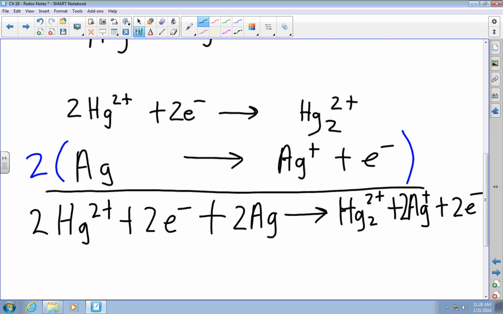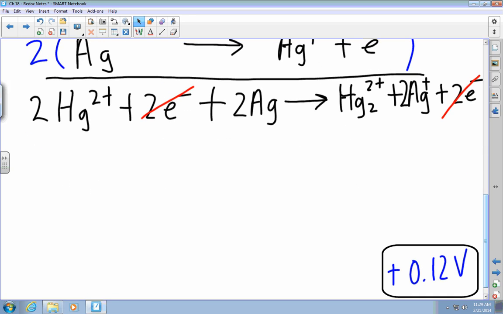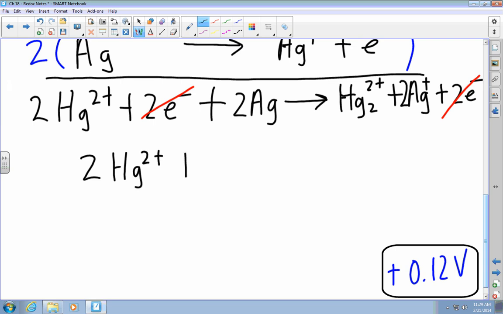And again, we have 2 electrons now left and right, so we can eliminate those. What we're left with for an overall reaction is 2Hg2+ plus 2Ag yields Hg2 2+ plus 2Ag+.